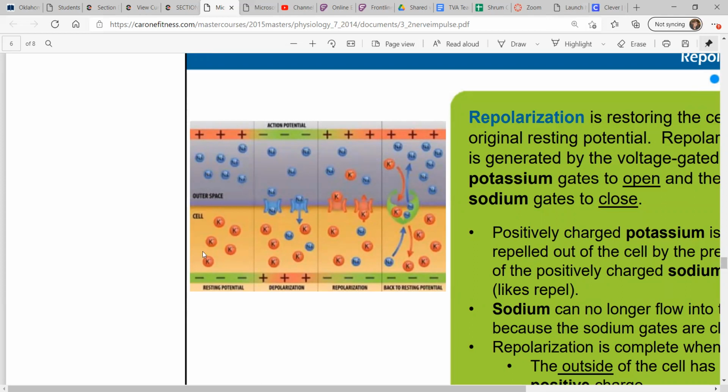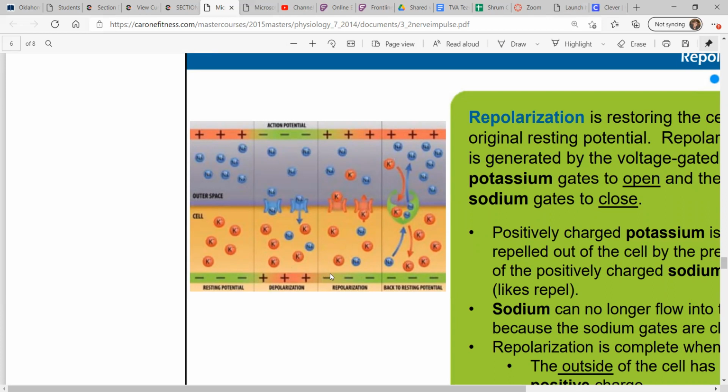So we have potassium inside the cell resting and sodium ions outside of the cell resting. And you see that inside the cell we have negative, outside we have positive charge. Then the action potential starts. Depolarization, we have sodiums entering through those sodium gates. And that means the outside now has a net negative because positive ions are leaving the outside, coming into the inside, and now the inside has a positive net charge.